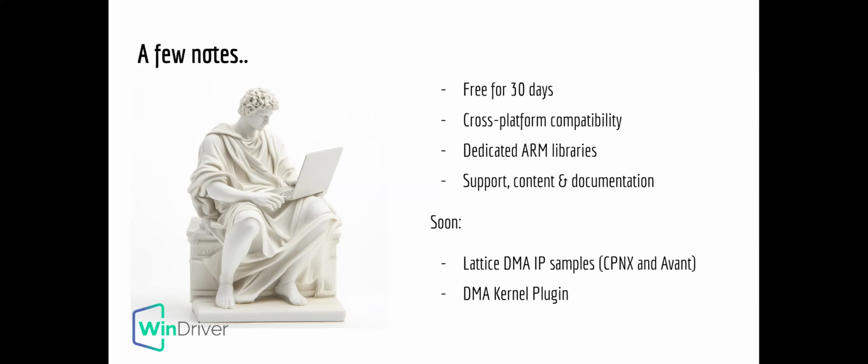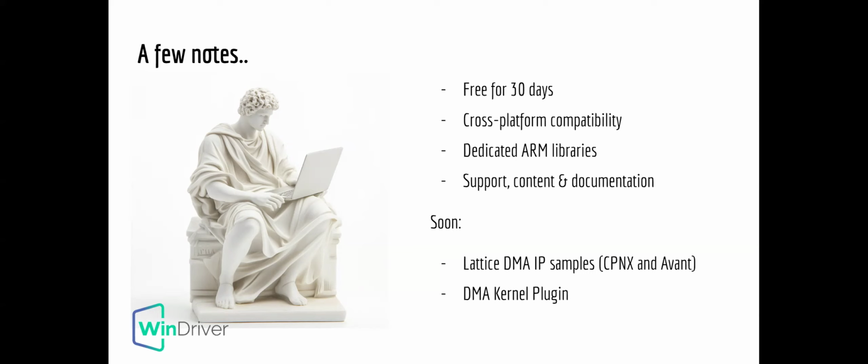Another feature our R&D team is working on is the option to implement a kernel plugin in a DMA. A kernel plugin is a chunk of code that is being transferred to the kernel mode, which eliminates the context switch and hence is faster.